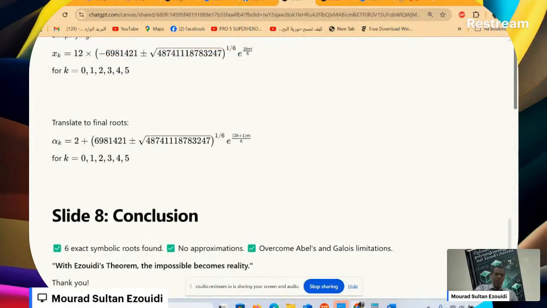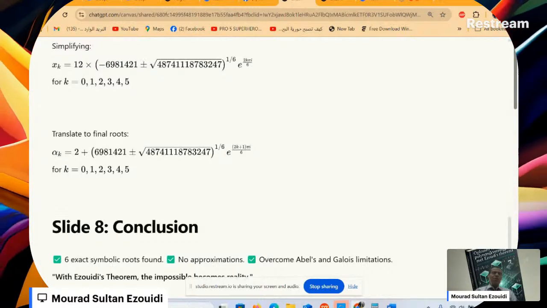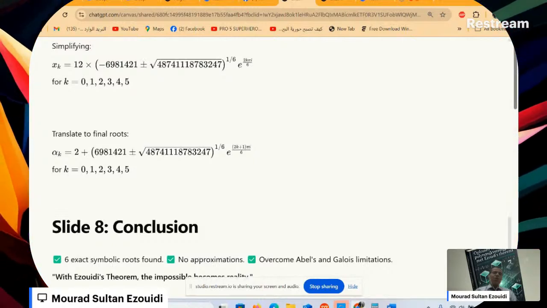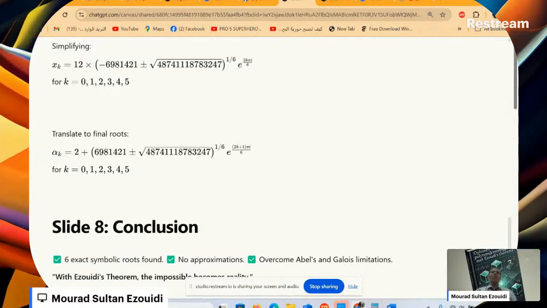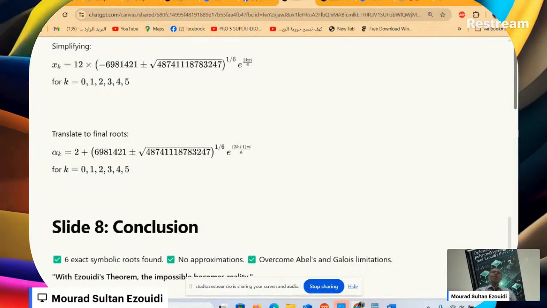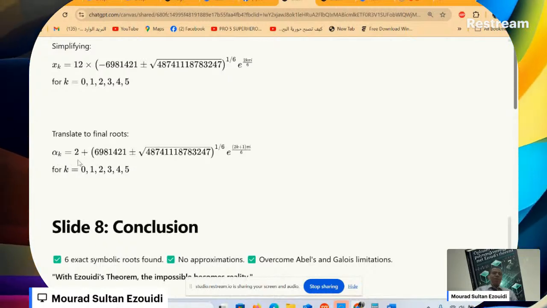So here we translate the final symbolic roots. The classical method failed in this question. Even AI cannot solve this degree 12 polynomial. So let's translate it to the final roots.